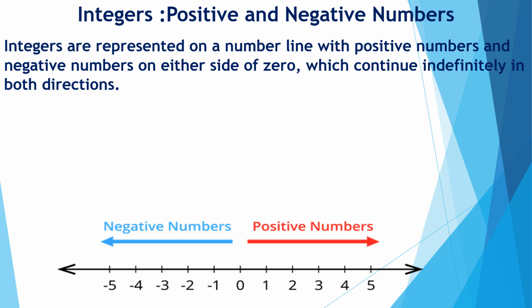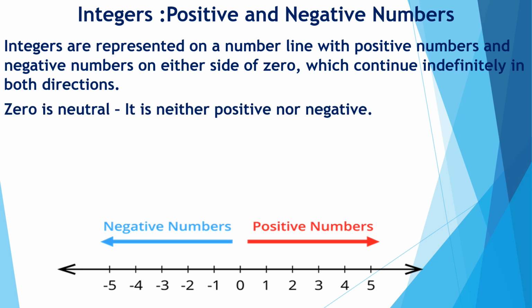Integers are represented on a number line below, with positive numbers and negative numbers on either side of 0, which continue indefinitely in both directions. 0 is a neutral number. It is neither positive nor negative.